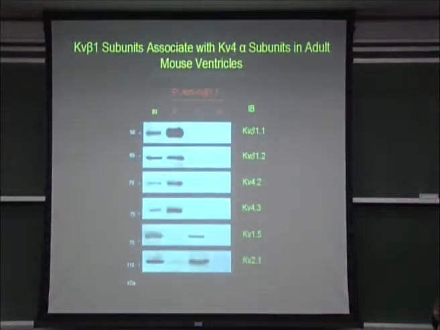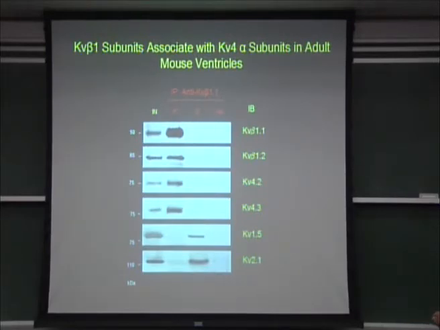So what does the beta 1 subunit combine with? Which alpha subunit does beta 1 combine with? We've done two further types of experiments.